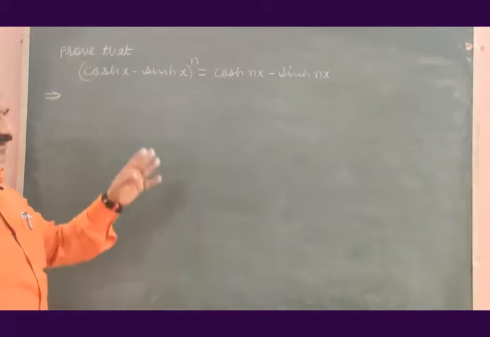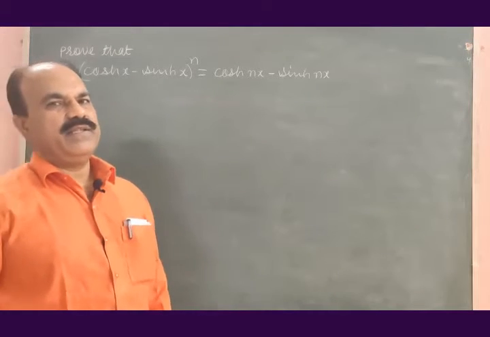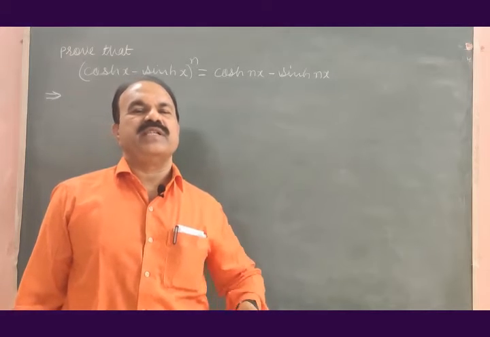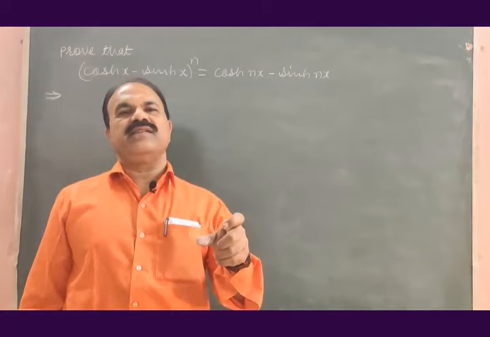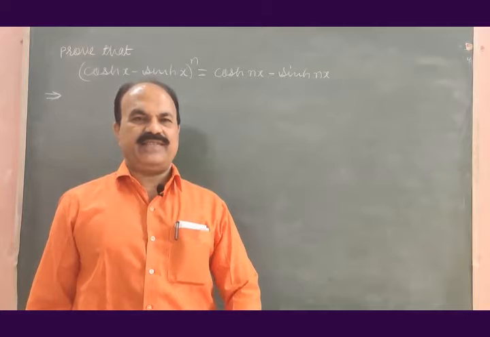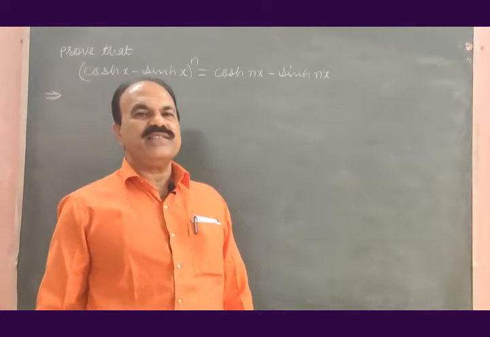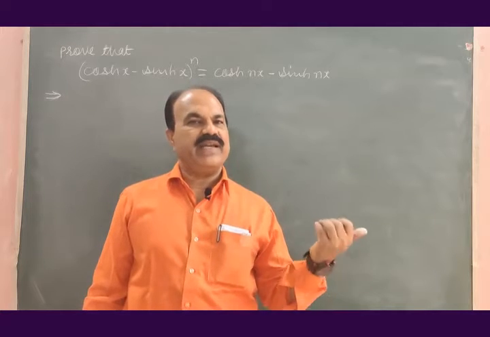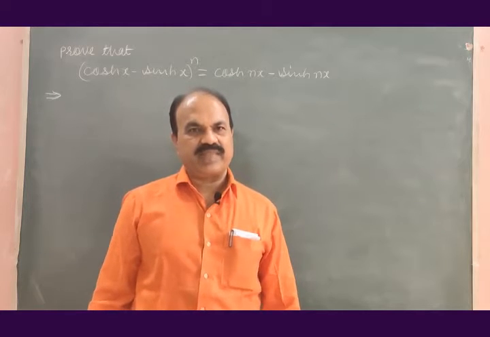We can have many such problems. Actually, the hyperbolic functions and properties I gave yesterday, each property can be a problem. Prove each property. How to prove each property? Consider cos hyperbolic x as e to the power x plus e to the power minus x divided by 2.